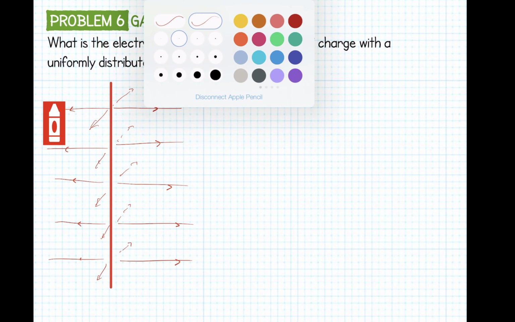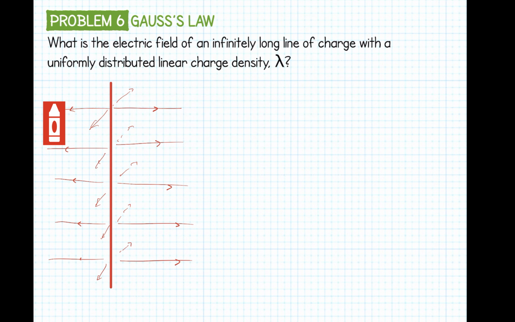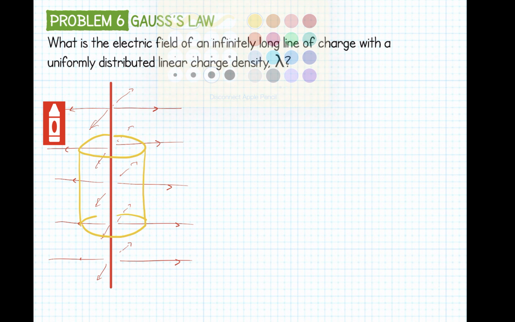So a Gaussian surface, the one we want to choose for the infinitely long line, looks like a cylinder. So I'm going to draw the cylinder. So this is our Gaussian surface.